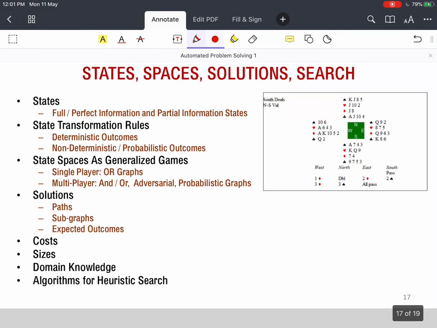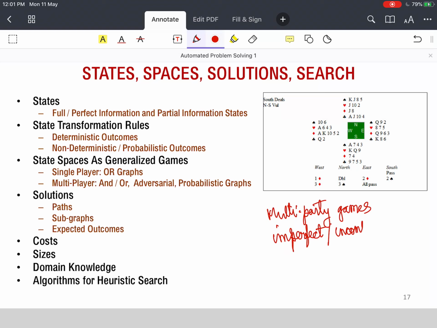Then there are games which are multi-party games with imperfect or incomplete information. Look at the game of cards where 4 players are there playing a game of bridge.